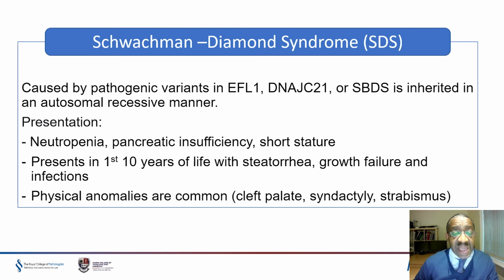It's inherited as an autosomal recessive disorder, and it is characterized by really a triad of neutropenia, pancreatic insufficiency, and short stature. It tends to present in the first 10 years of life with the features of pancreatic insufficiency, so failure to thrive, short stature, diabetes, diarrhea.